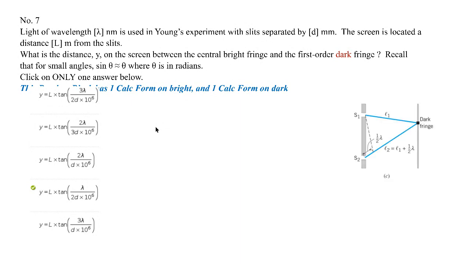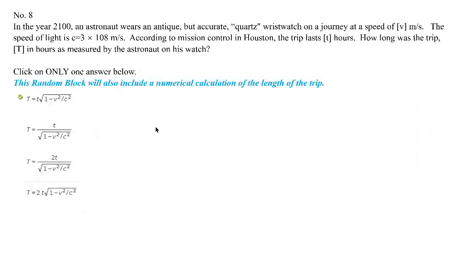Okay. All right. So now let's get to here, where there can be a lot of confusion, and yet it is Einstein's special relativity, which is interesting in itself. This one says, in the year 2100, I guess not yet, we are only in 2021.